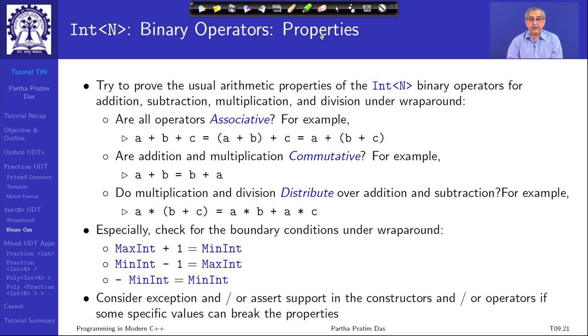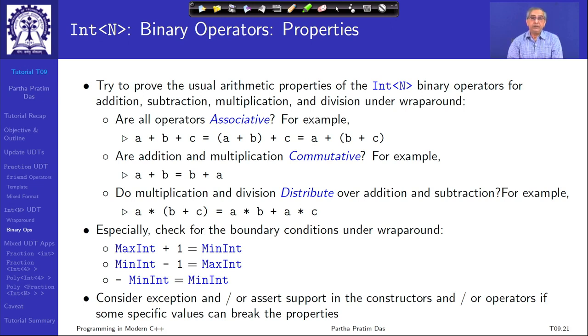Now, this I have left as an exercise. When you do this, your int n has a set of binary operators with wraparound. So, you expect them to follow the basic rules of arithmetic that int operators also follow, like associativity, commutativity and distributivity. Precedence you do not need to worry about, because precedence is simply syntactic information, and that will always be preserved.